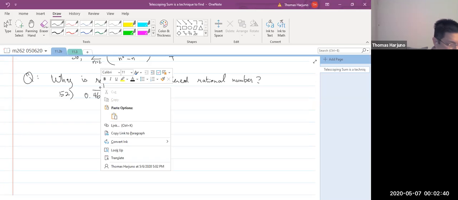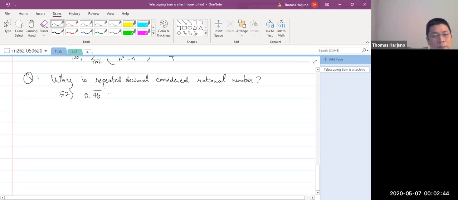We can show that this is actually a rational number. I can rewrite it as a fraction by doing it this way. I show you the hard way first, which is in line with what I teach you in our lesson here. Suppose this is x. This is 0.46464646 all the way.